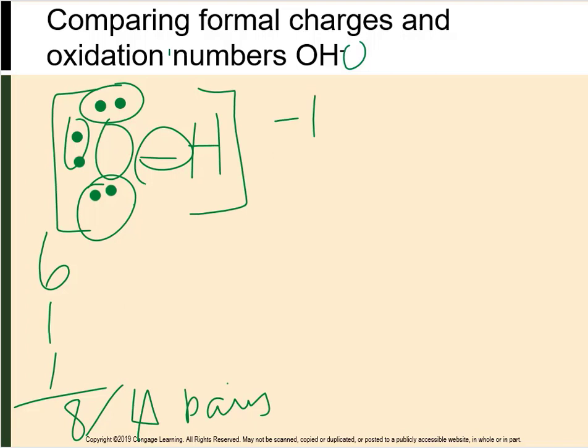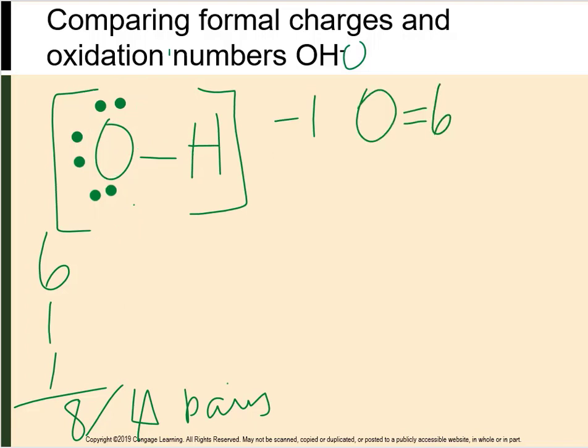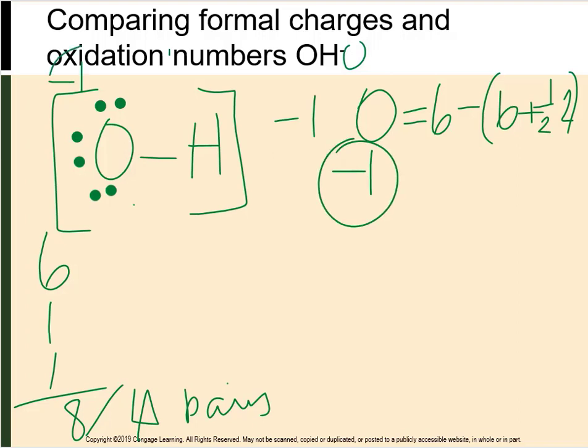Now let's calculate the formal charge. Oxygen has 6 valence electrons minus 2, 4, 6 that are in lone pairs, plus half of 2 in the bonded. So half of 2 is 1, plus 6 is 7. 6 minus 7 is -1 for oxygen. So we have a -1 charge on my oxygen side.